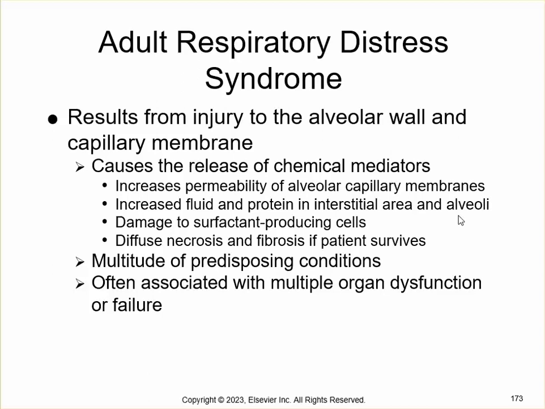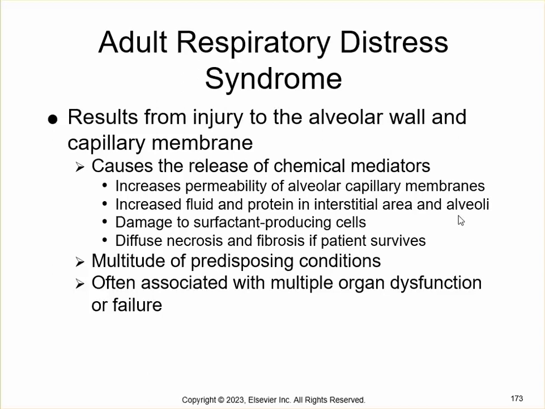So it increases the permeability of the capillary membranes. So fluid and protein go into the interstitium and into the alveoli. It can damage the type 2 cells, the surfactant producing, and eliminate surfactant. You can end up with necrosis. You can end up with fibrosis from it.